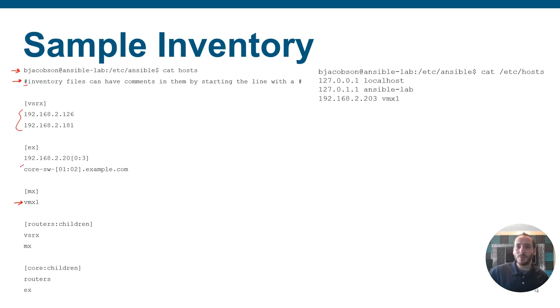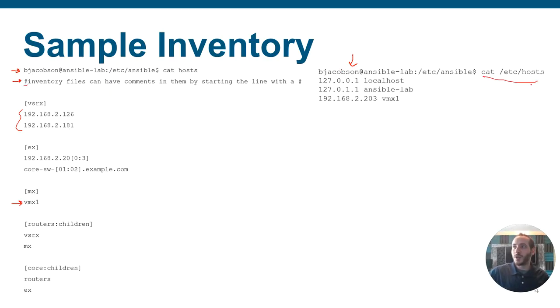Similarly, we can do an expression like this to where we have core SW01 and 02, both defined by these two items here. And as we see down here, this is how you define a host name within your group, and the host name needs to be resolvable. In this particular case, we have our hosts file here on our Linux box.